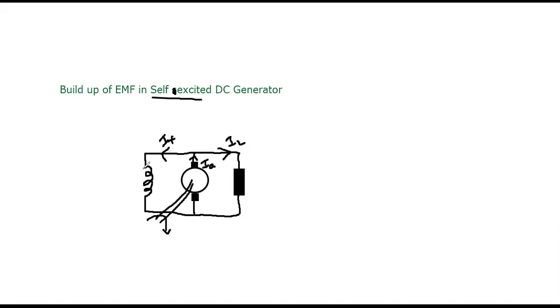Then how can we say that by using this field winding current only the IA is produced? Clearly, I will tell the question once again. Consider this is the magnetic field, and now I am placing an armature here. The armature conductor is here.